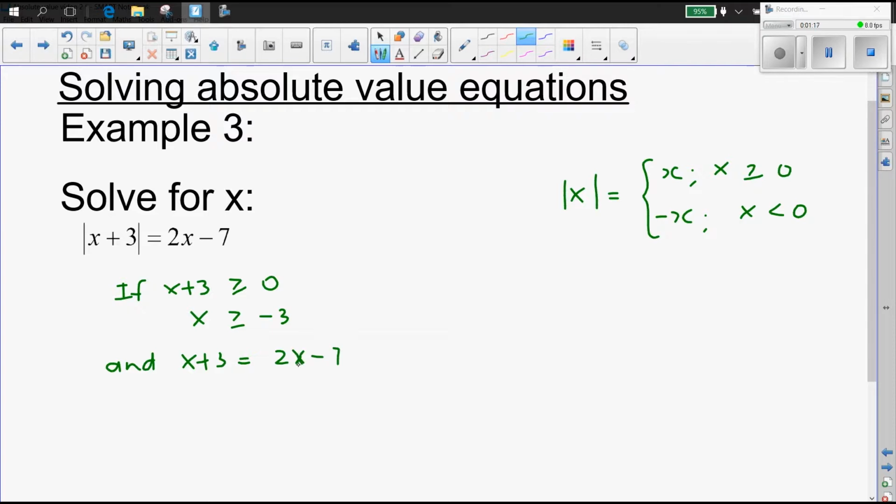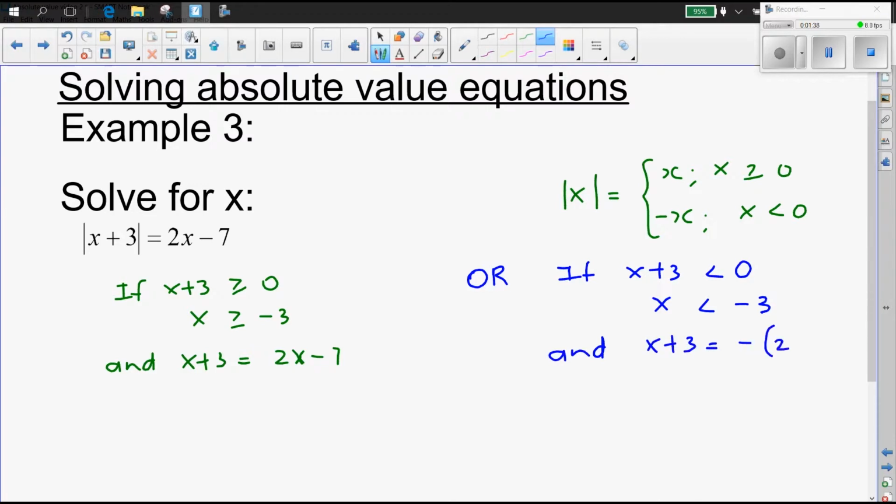I'm going to write down the next case: if x plus 3 is less than 0, that is, if x is less than negative 3, then x plus 3 equals the negative of 2x minus 7.